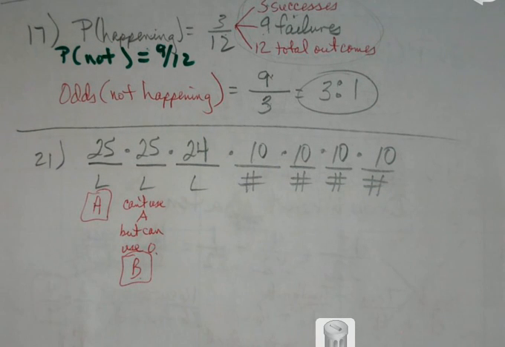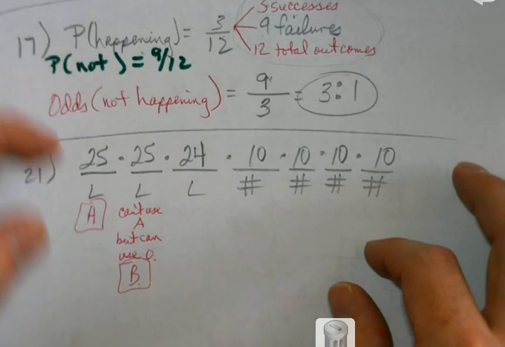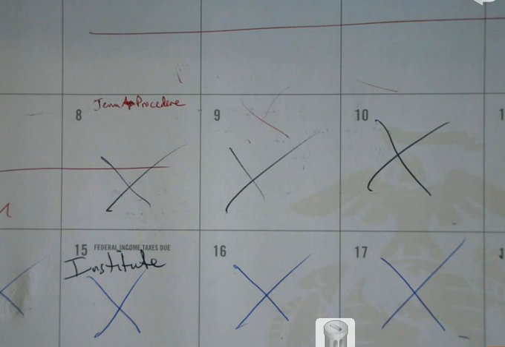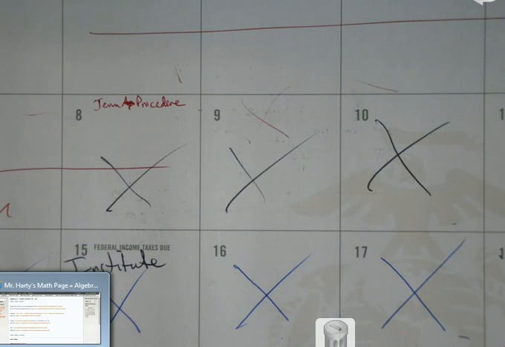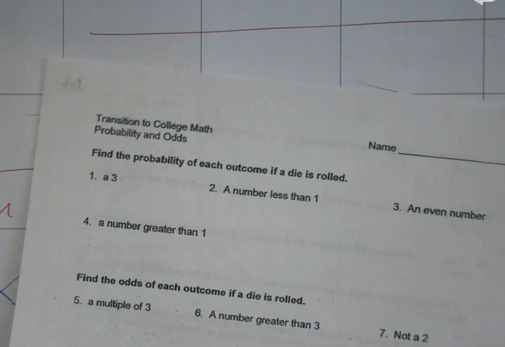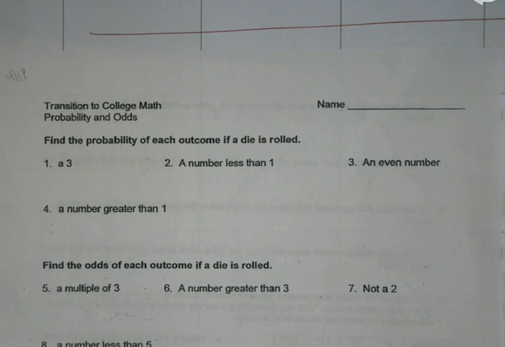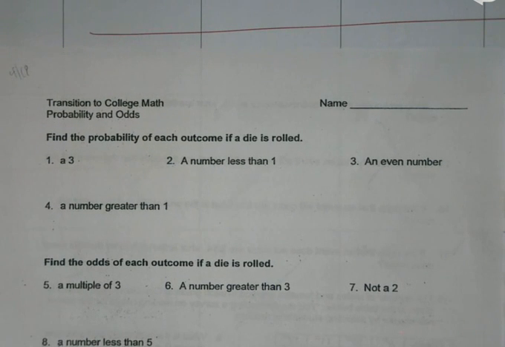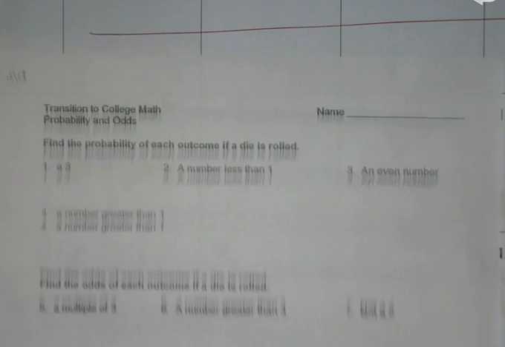Okay. All right. So now let's switch over to the other sheet. We're going to switch over to probability and odds here. So here, in case you had missed, we are now moving over to the probability and odds sheet from last Friday.